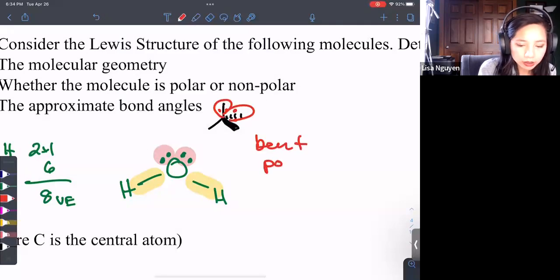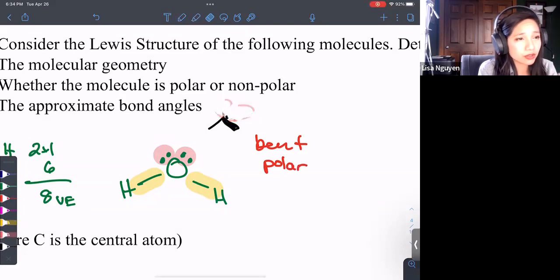This would be polar, because if you have that bent shape, those hydrogens are pulling on that oxygen unevenly, so those bonds don't cancel out at all. It doesn't even matter what the bond polarity is, they'll never cancel out because they're in that bent shape. They have to be across from one another in order to cancel out.